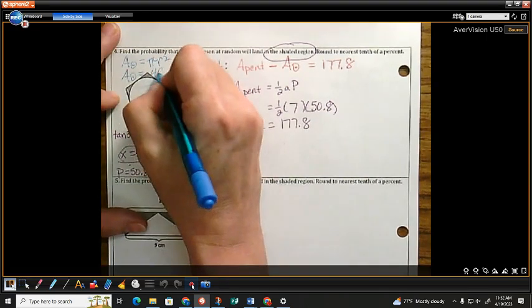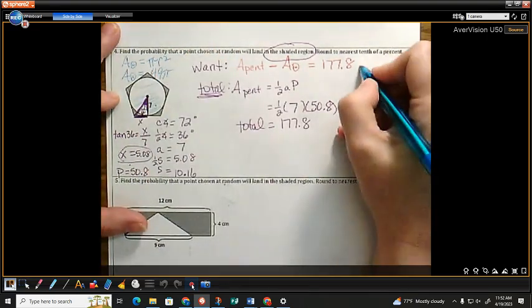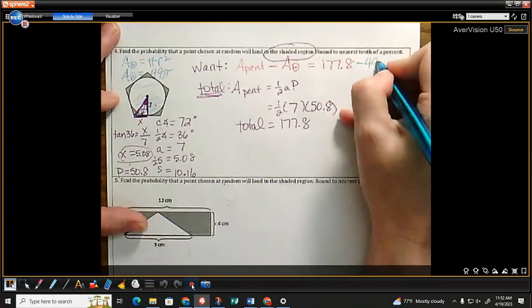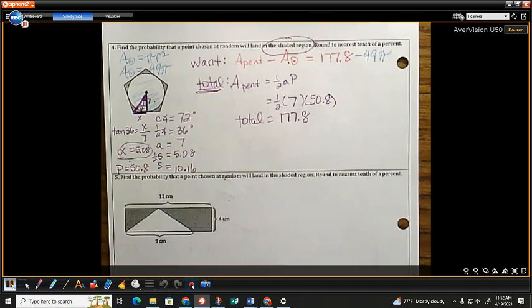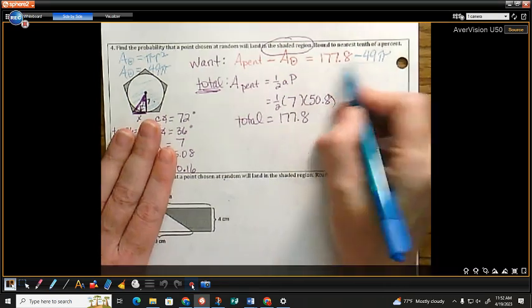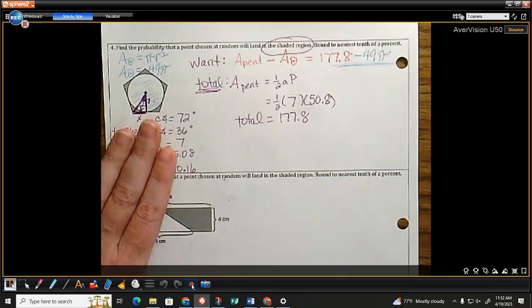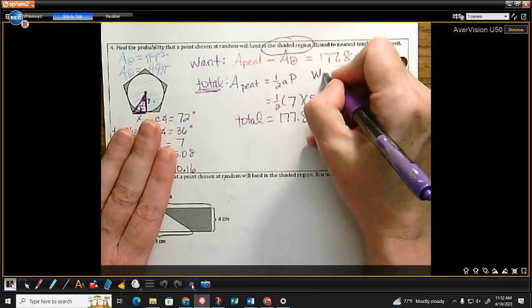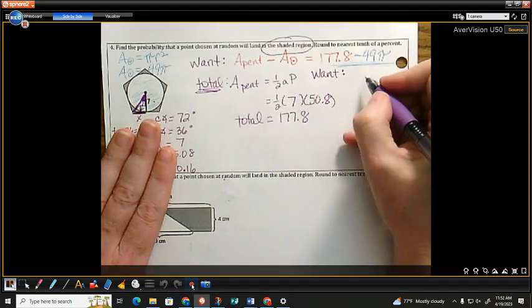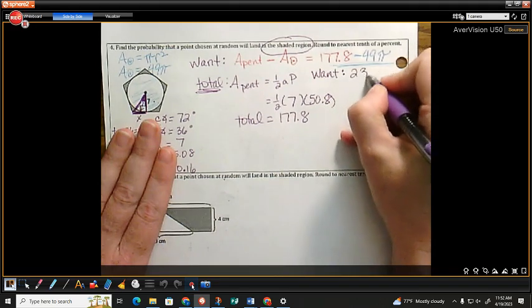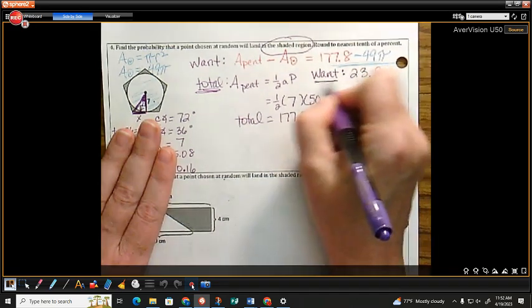So it's going to be 49 pi, so minus 49 pi. Our answer is going to end up a percent anyway, so can I work this with decimals? Yes, you can use the decimals. Park that into your calculator and tell me what my want ends up being. 23.9. Nope, that's just my want.